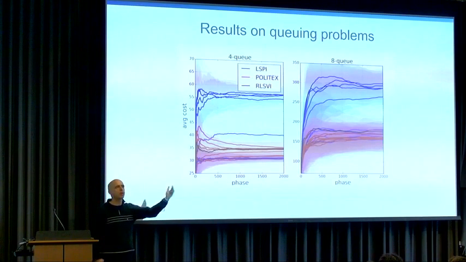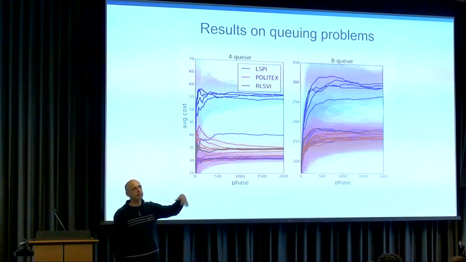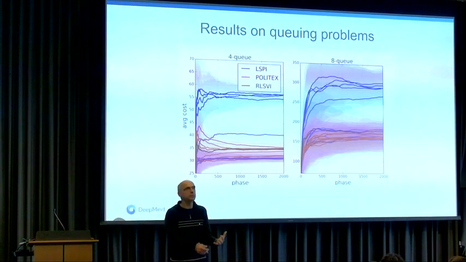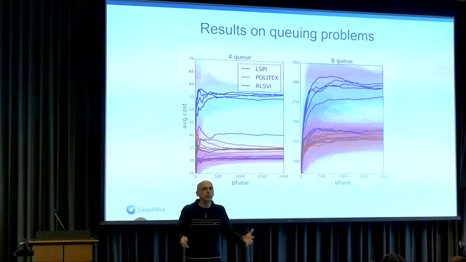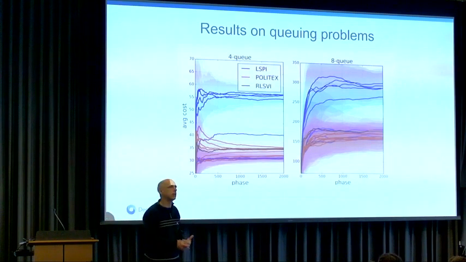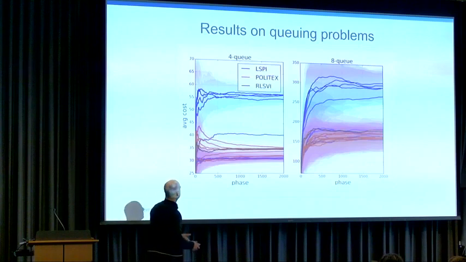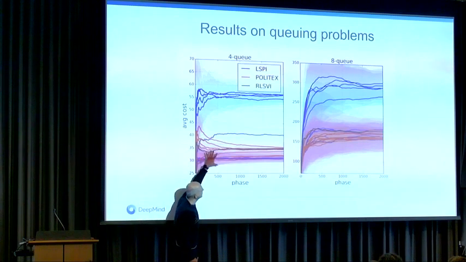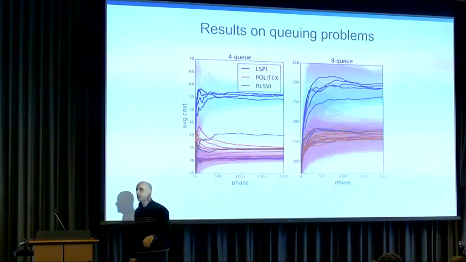We have a learning rate, this eta parameter that goes into the Boltzmann exploration. You can choose different values, and we were interested in sensitivity and what sort of performance you get across the board if you choose these values differently. And you can see that Politex is not that sensitive, and it's pretty much on par with the other algorithms.